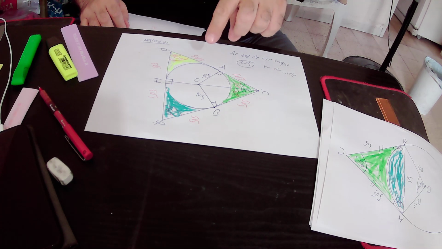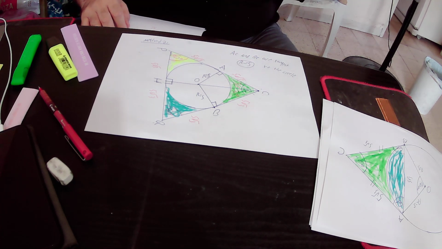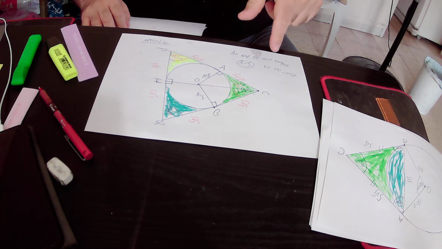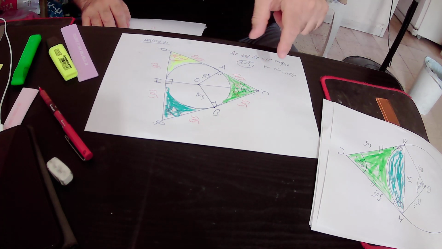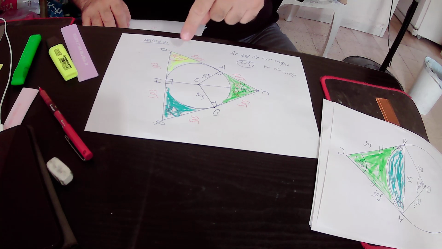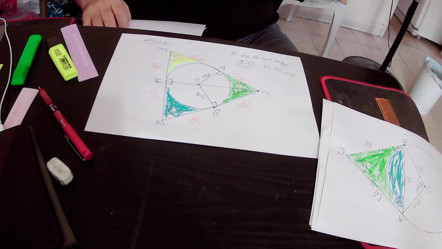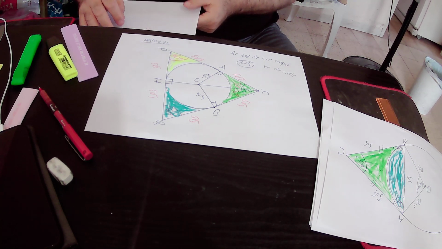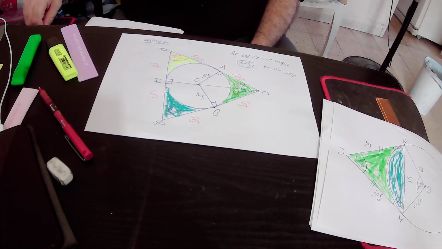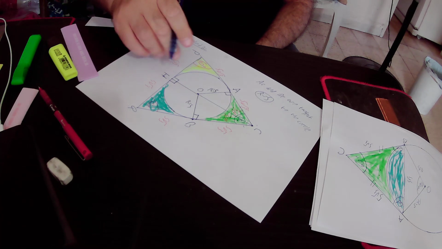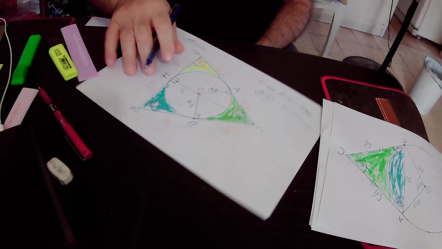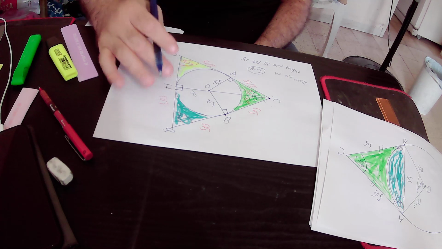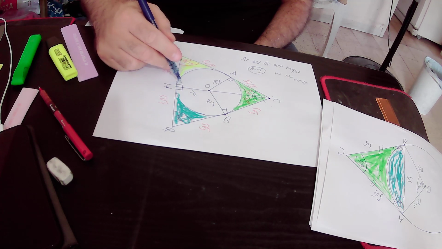We join points A and O and B and O, and then join points C and O, and extend CO until it touches the circle at point H. Then we draw the perpendicular to the circle at point H. We know that the radius and tangent are perpendicular to each other, so this angle equals 90 degrees, and this angle also equals 90 degrees.